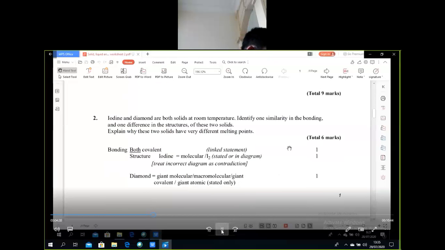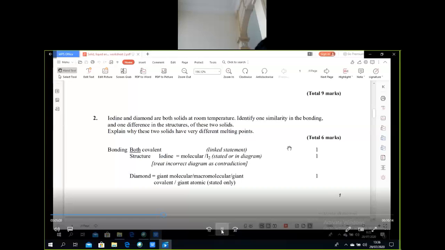Iodine and diamond are both solids at room temperature. Okay, this is a fact. But iodine is a volatile solid, which at higher temperature can evaporate directly. But diamond, at a temperature of maybe 100, is still solid.